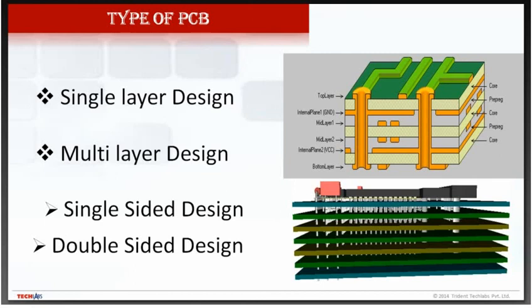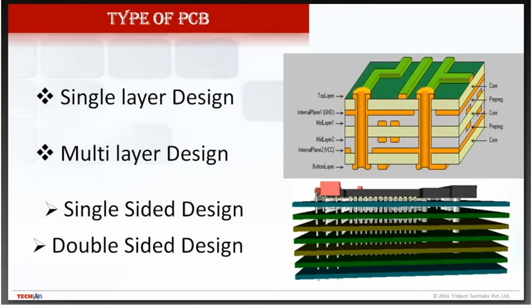Those are also divided into subgroups like single sided or double sided. That means the connectivity path or the lamination is either on a single side, the top surface or the bottom surface, or on both surfaces, that means double sided.